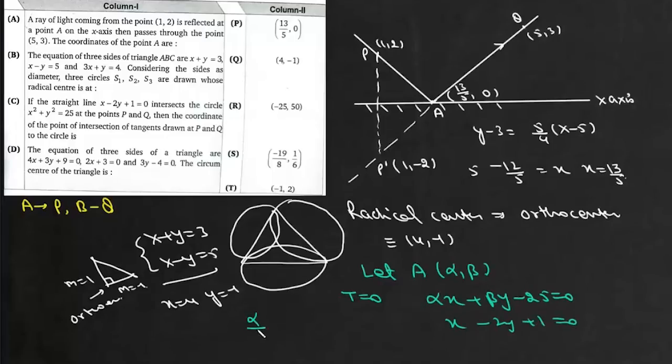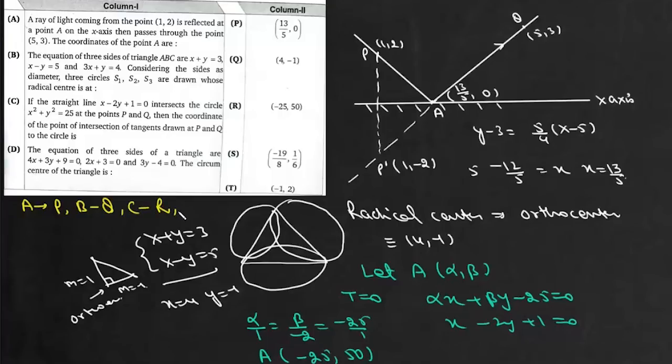So from here we'll get alpha upon 1, beta upon minus 2 equals minus 25 upon 1. So value of alpha is minus 25 and value of beta is 50. So the point is (minus 25, 50). That means this C matches with R.